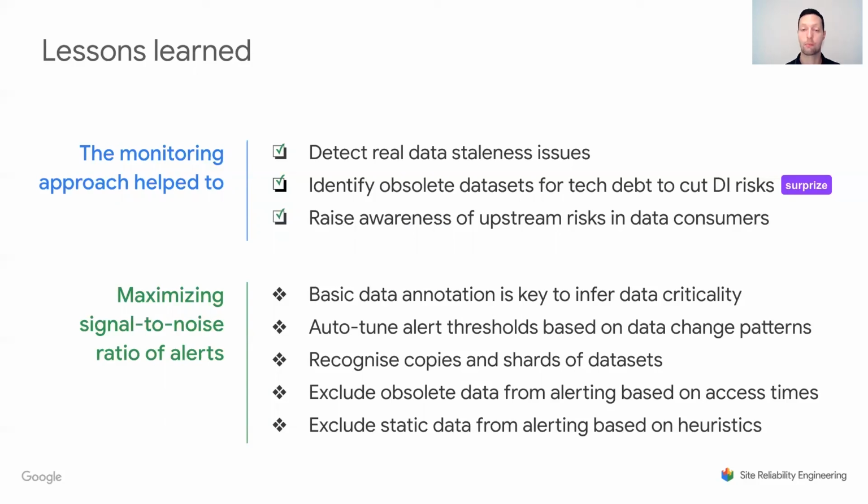But a surprising finding was that it also helped teams to detect potential technical debt in the data that was unused, the obsolete data. Such data poses data integrity risks as well, because it can bring miscommunication or confusion, where teams can start using incorrect data upfront.